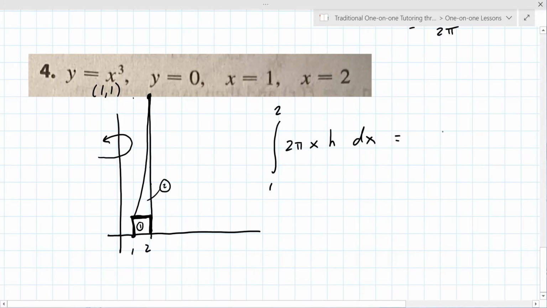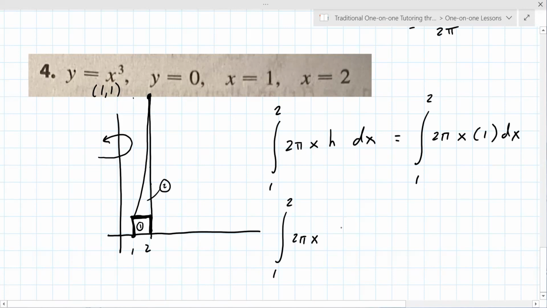So this becomes the integral from 1 to 2 of 2 pi x, because x is the distance there, and then your height is always 1. So this is that first region. The second region is from 1 to 2 also, 2 pi x, but this time your height is the y value.